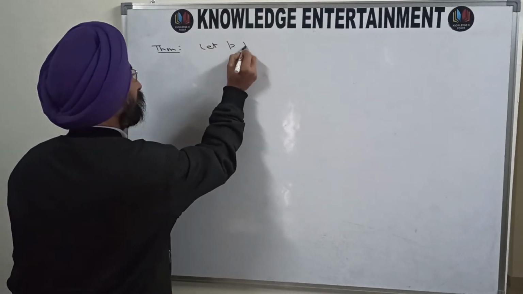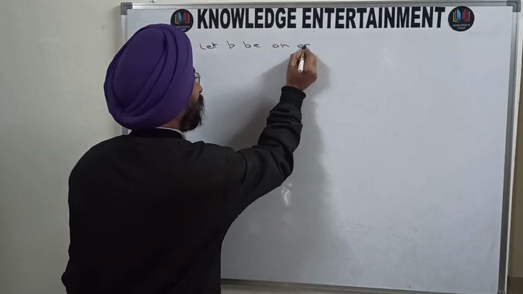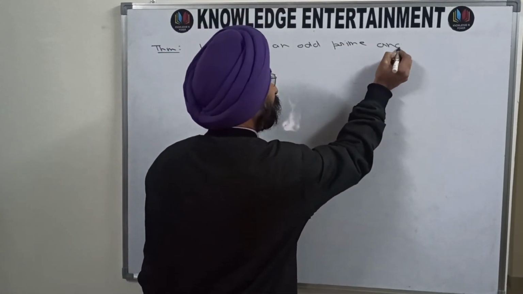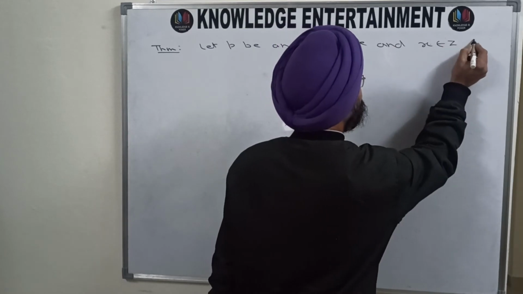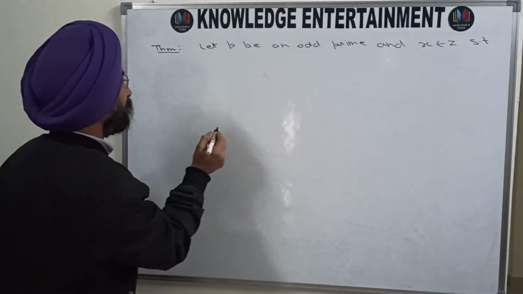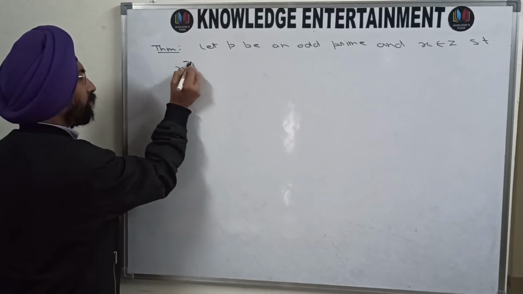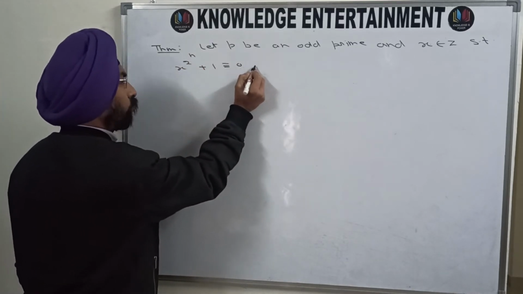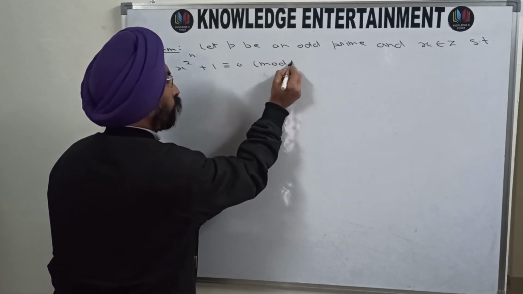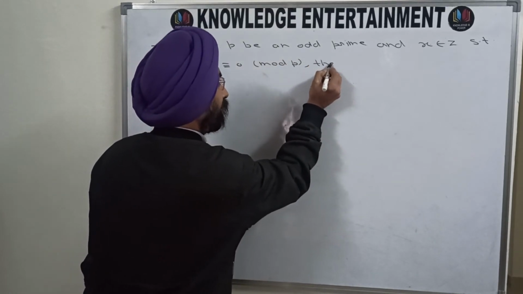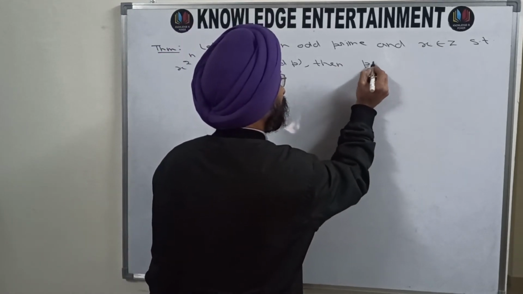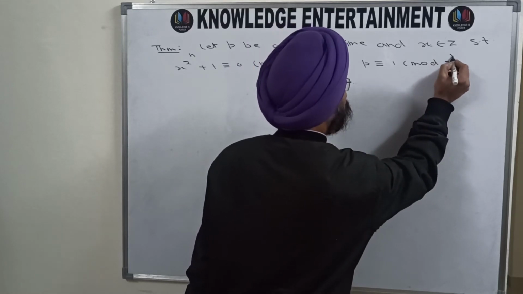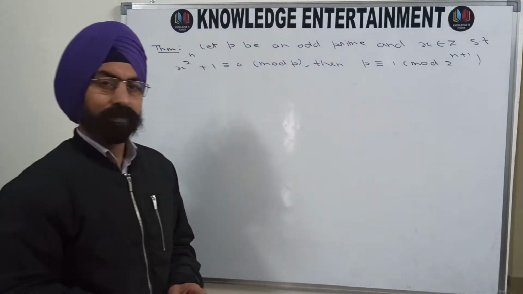Let p be an odd prime and x be an integer such that x^(2^n) plus 1 is congruent to 0 modulo p, then show that p is congruent to 1 modulo 2^(n+1).